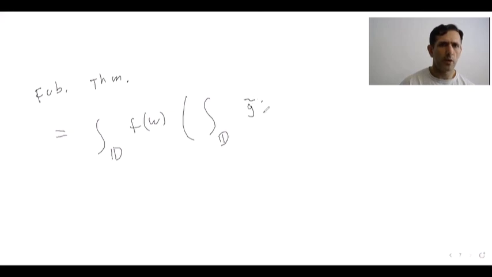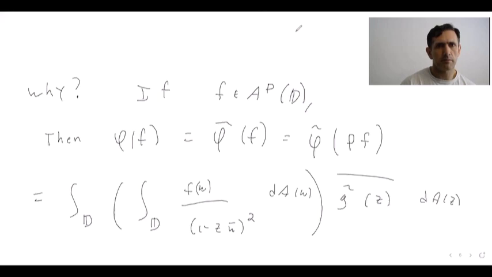We know that an orthogonal projection is self-adjoint, and this really is basically like the inner product of Pf with G tilde, because the inner product is integration.